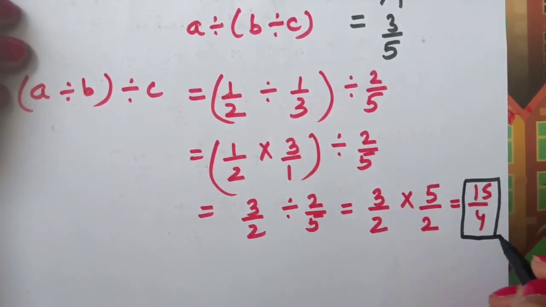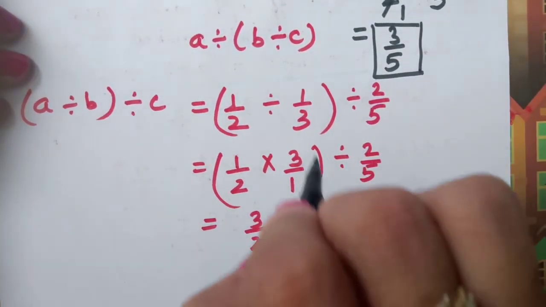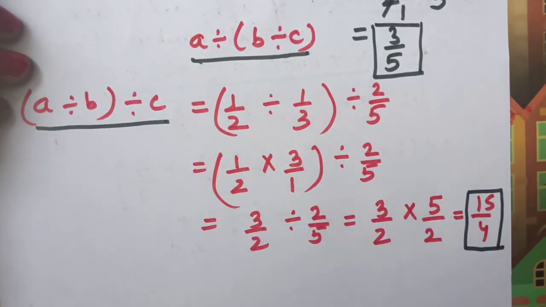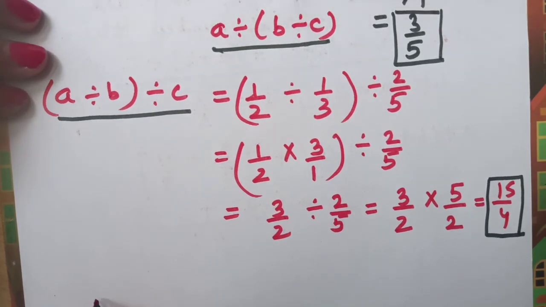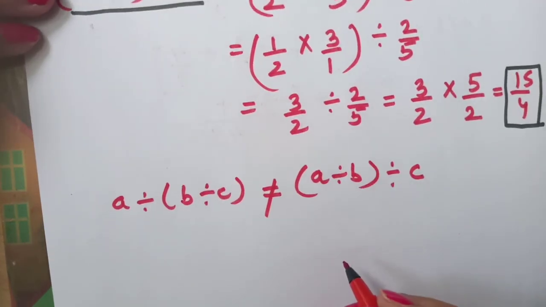We will check whether these two answers are equal. These two answers are not equal for these values. So what is the conclusion? We can say (A ÷ B) ÷ C is not equal to A ÷ (B ÷ C). These two are not equal.